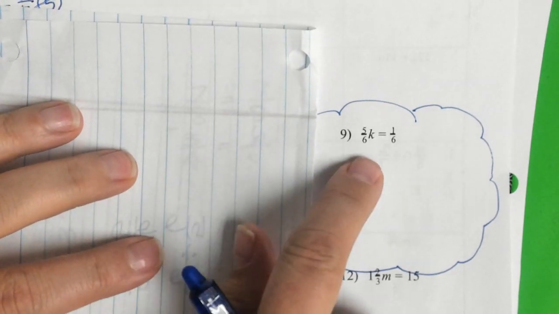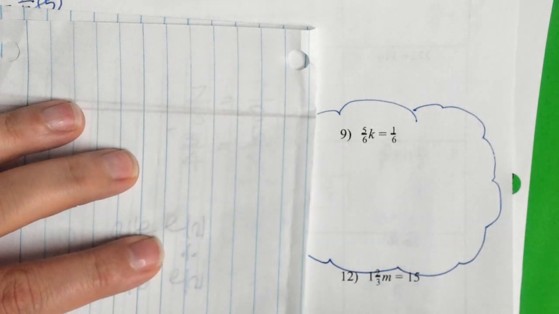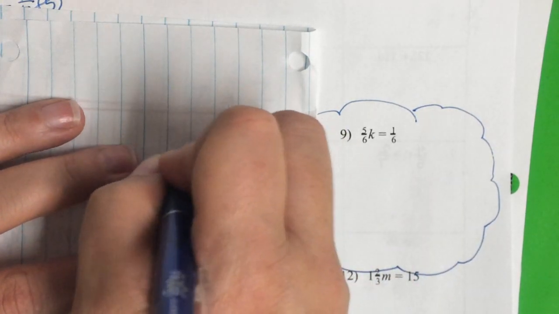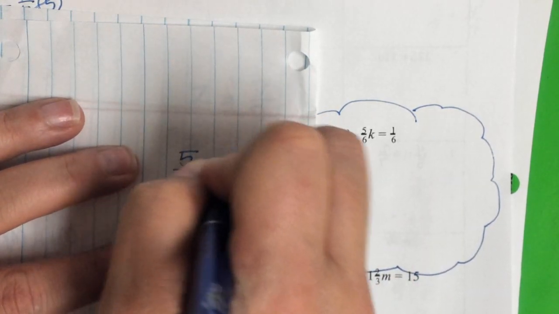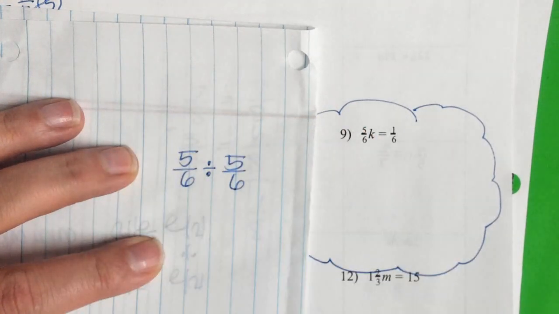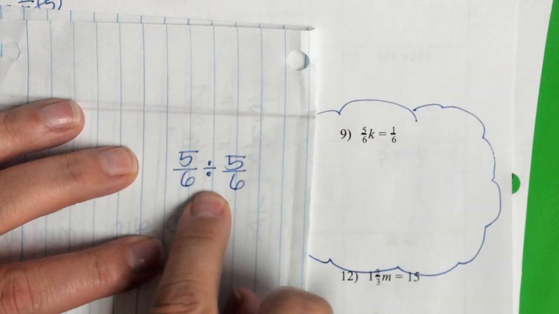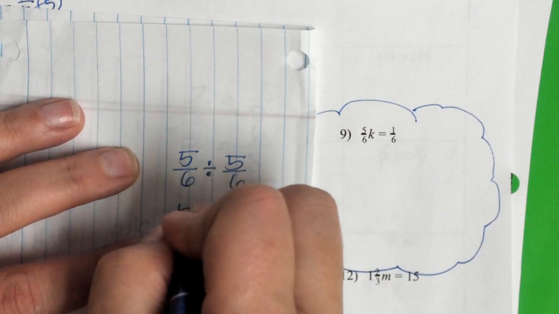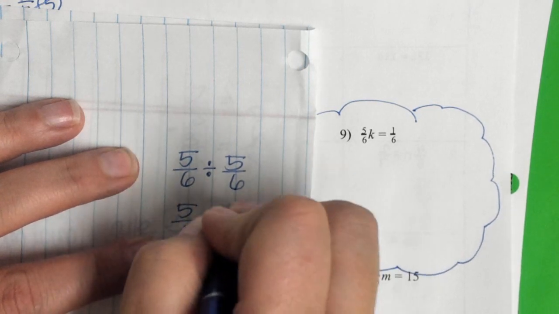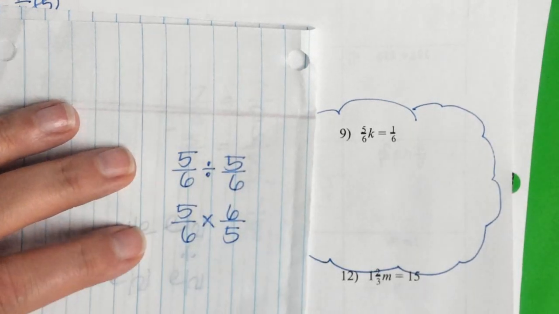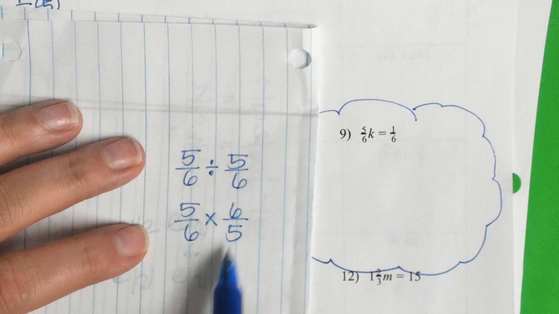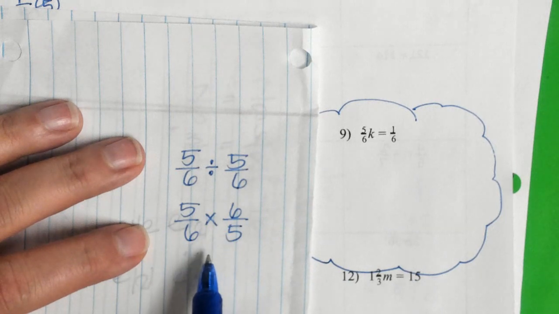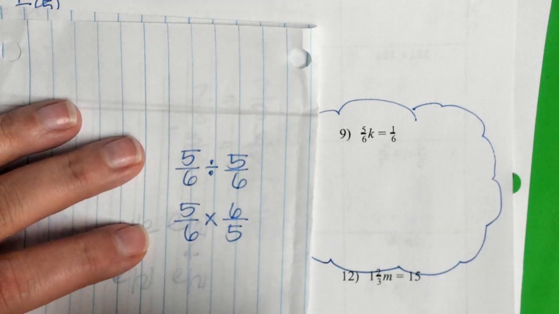So what number do I want to get rid of here? 5/6. So when I do 5/6 divided by 5/6, can I divide like this? What is my rule for fractions and division? I have to keep, change, and flip. Does anybody remember the fancy word for the flip? Reciprocal. Excellent.